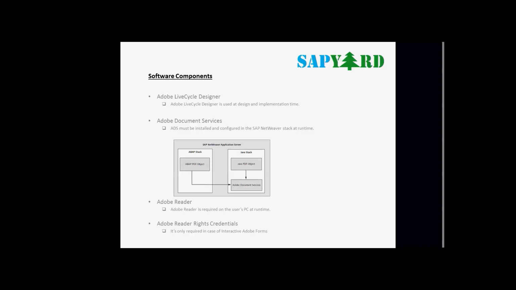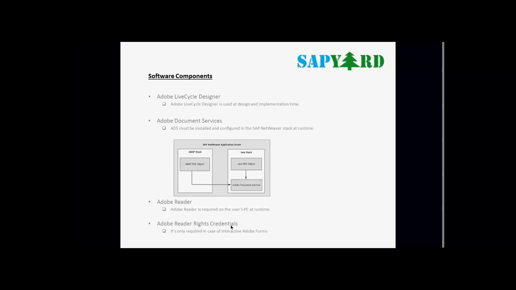For that, some credentials or authorization have to be set up in the system. This is again a basis consultant's job, where he has to get the Reader Rights credentials. These can be obtained from the SAP marketplace.